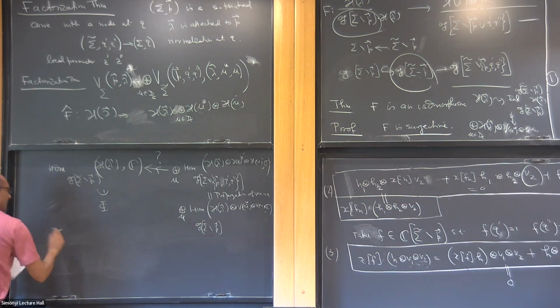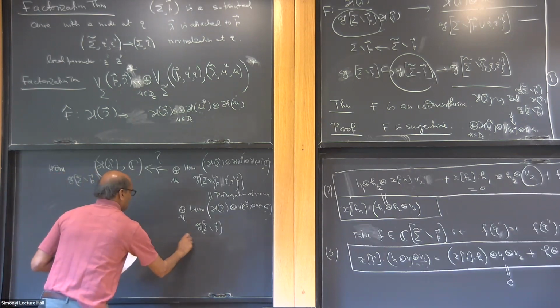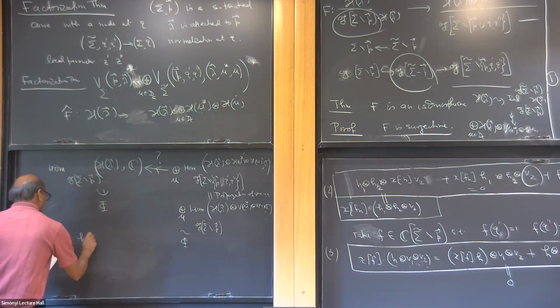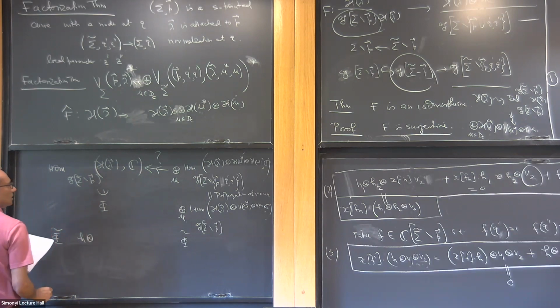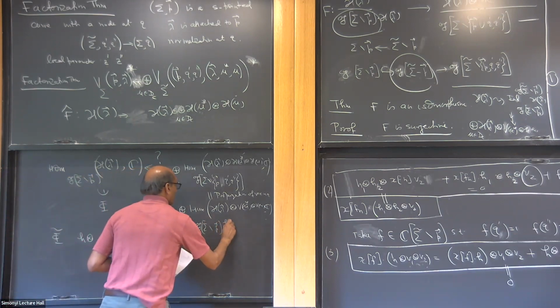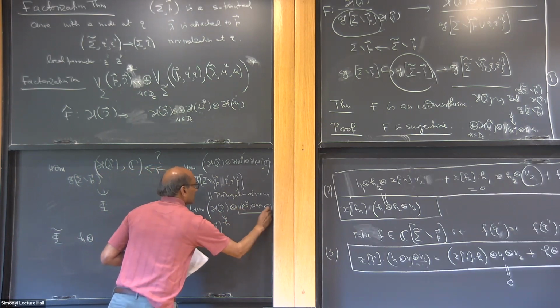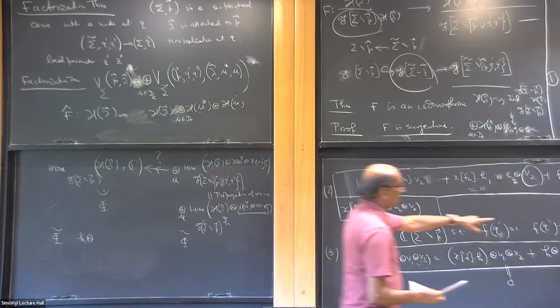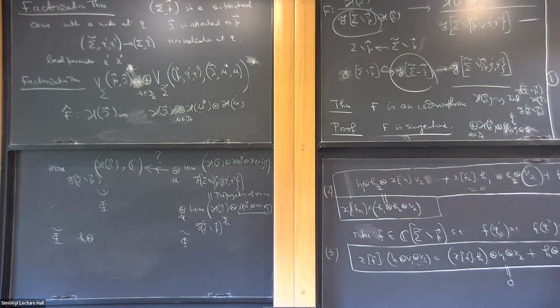So phi twiddle is what I'm going to construct here. The definition is that if I take H tensor, where H is here, and this one is already surjective under UG, this map is surjective, right?